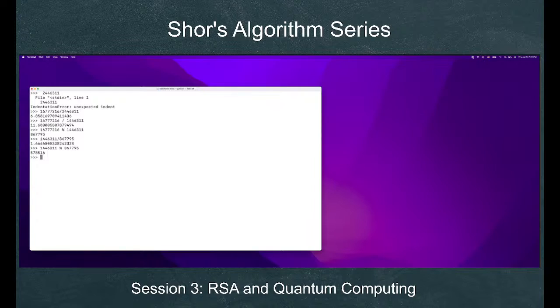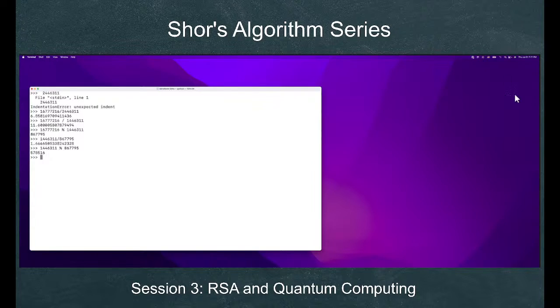So that's the value. But as you can see, 5 over 58 is approximately equal to j over r. Do you still remember that y over 2 to the n is approximately equal to j over r? Where do we get that?